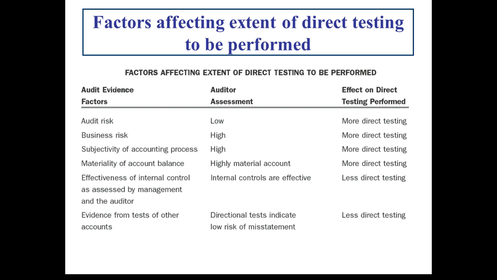Factors affecting the extent of direct testing to be performed. If we talk about audit risk, and the assessment is low, even though we've performed the audit, the chances of us still issuing the wrong opinion is there.